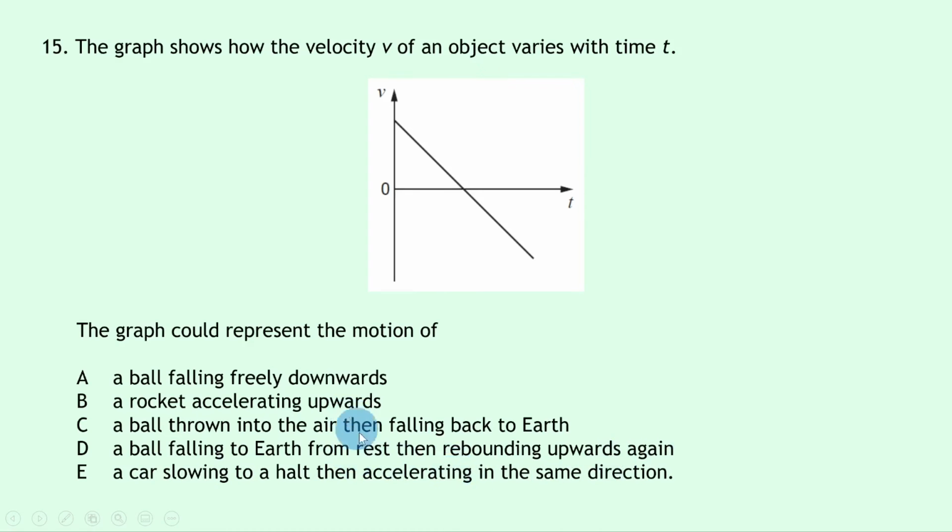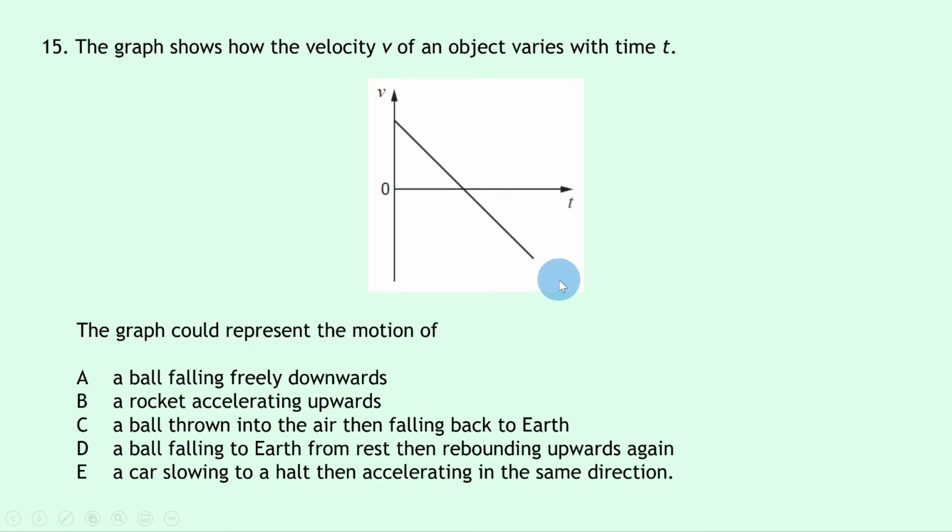So the only ones here that are dealing with a change in direction would be C and D, because E, a car slowing to a halt then accelerating in the same direction, does not involve a change in direction, and same with A and B, you've not got any change in direction there. So let's look at C and D, a ball thrown into the air then falling back to earth.